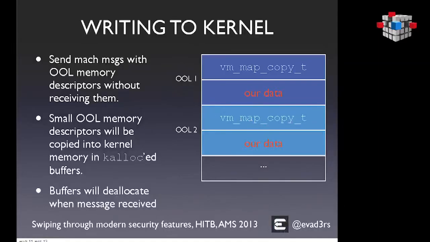And the whole goal here is to get data that we can control at a known location. So the basic process is you send these messages. You don't consume them right away. You send a bunch of them in turn. They get interspersed in this pool, between the data, the header that encapsulates them, and our control data.